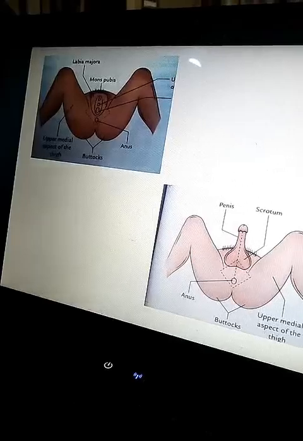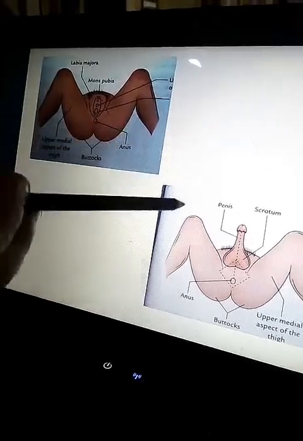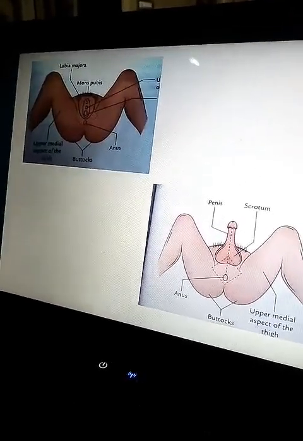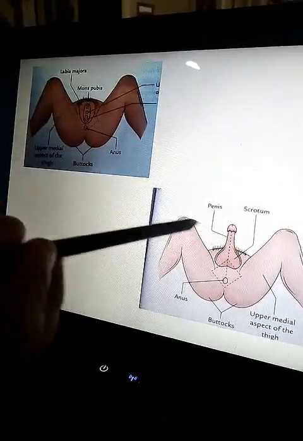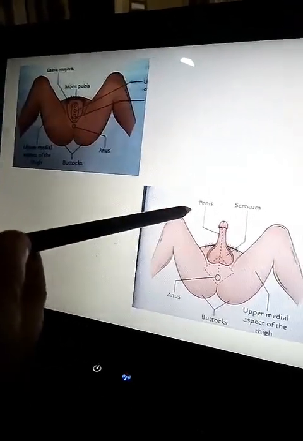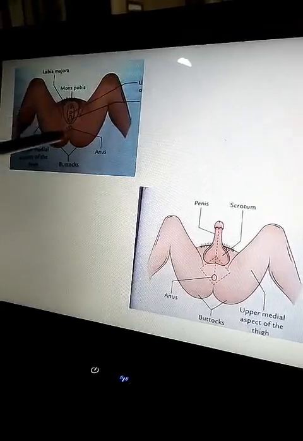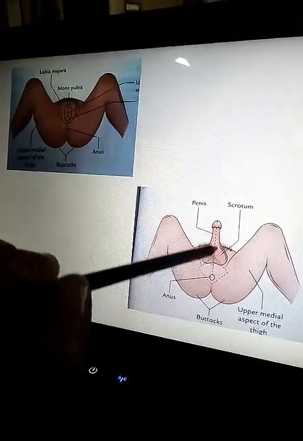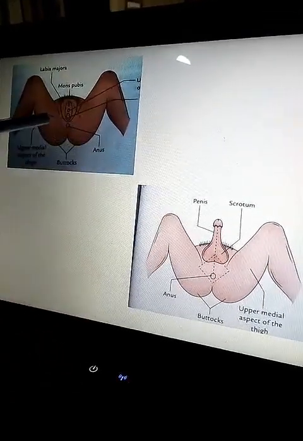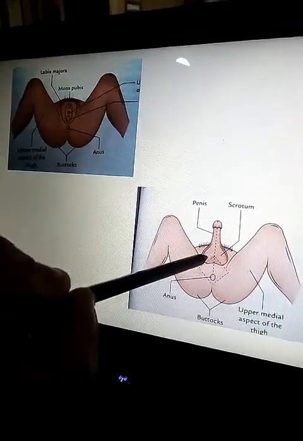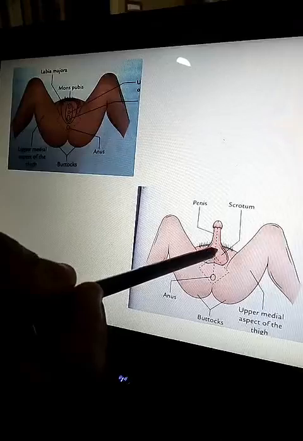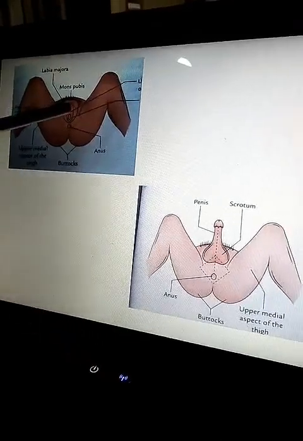Now, boundaries of the perineum. The perineum has superficial and deep boundaries. In the lithotomy position, the perineum is diamond shaped, and it is bounded anteriorly by the scrotum in the male and the mons pubis in the female.